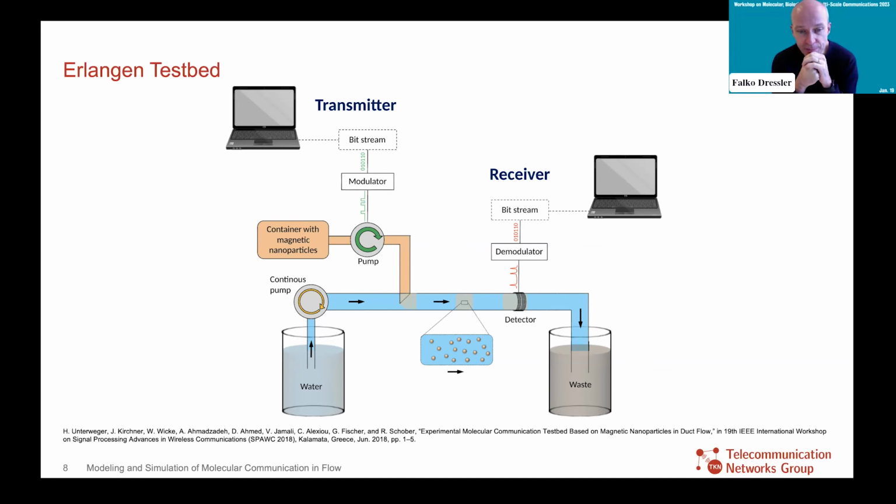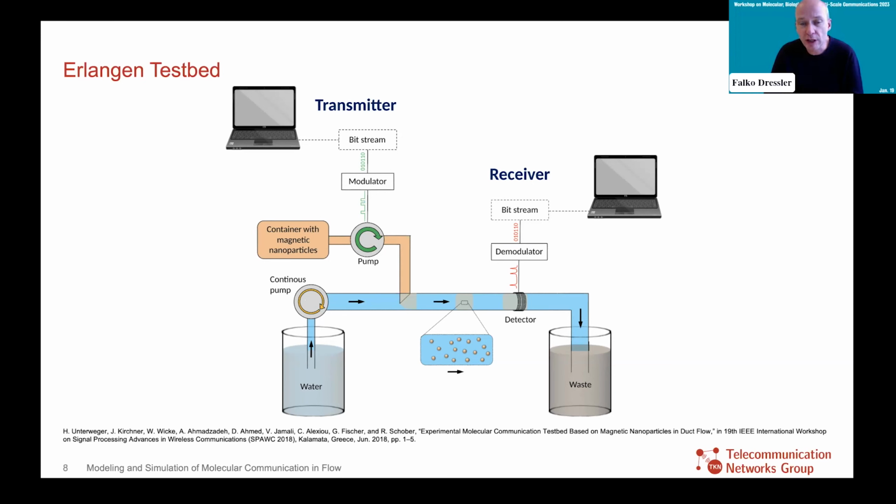So we have a water-based liquid environment in a tube where we have flowing liquids. That is coming from the left side here with a continuous pump, being moved to the right side to this waste container.